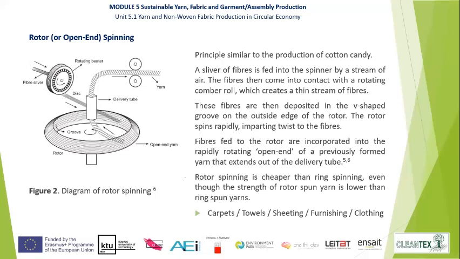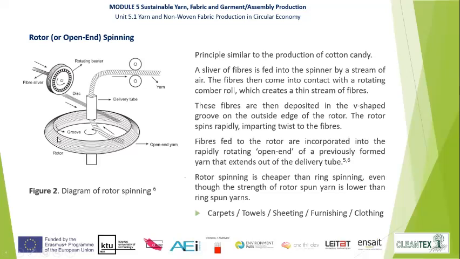This thin stream of fibers is deposited in the V-shaped groove on the outside edge of the rotor. And as the rotor spins rapidly, it imparts twist to the fibers. The fibers are incorporated into the rapidly rotating open end of a previously formed yarn that extends out of the delivery tube.